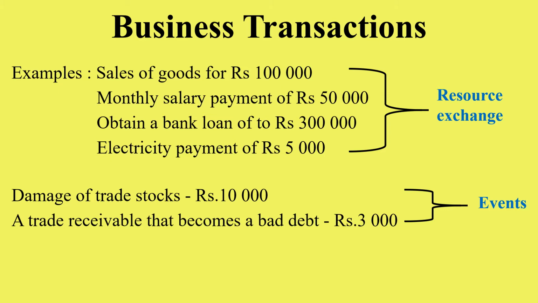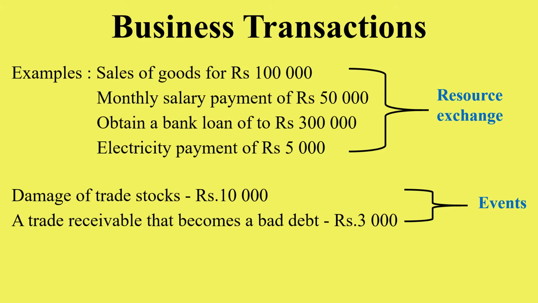And the monthly salary payment of 50,000. Obtaining a bank loan of 300,000. Electricity payment of 5,000. So these types of transactions we are considering in accounting, and we also call them the exchange of resources. We are paying something in exchange for a resource.